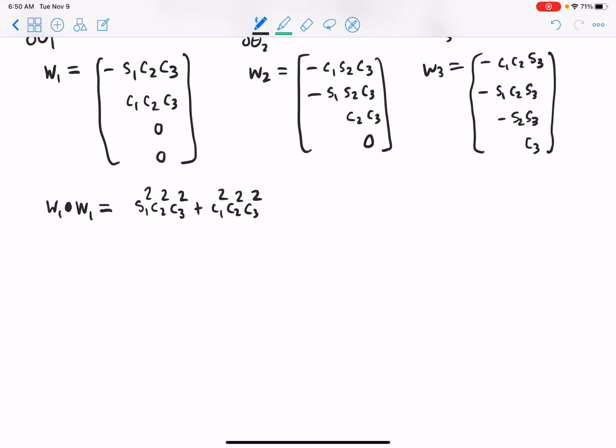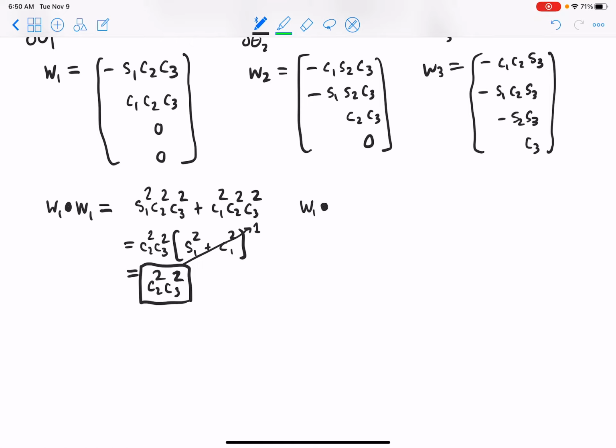Now notice that I can pull out this common factor in both, and that will give me a C2 squared, C3 squared times S1 squared plus C1 squared. This is 1, and so at the end I get just this factor. Okay, that is W1 dot W1.